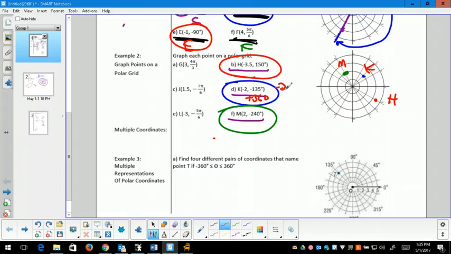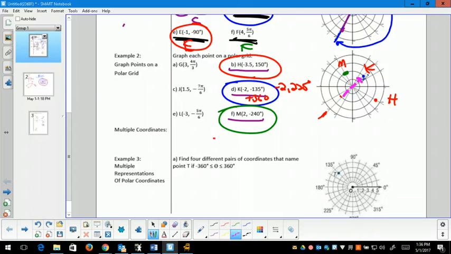So it's -2, 225 degrees. I went to 225 degrees, which is this radial right there. And I said, okay, 2 on that would be here, but it's a -2, so I have to take it to the other side of the pole and put it there.